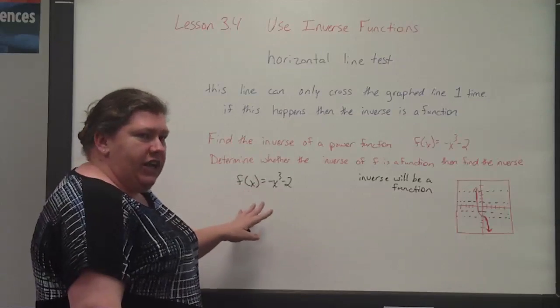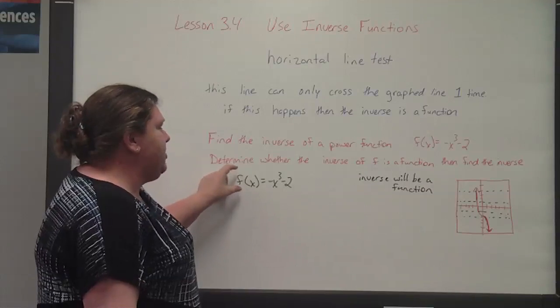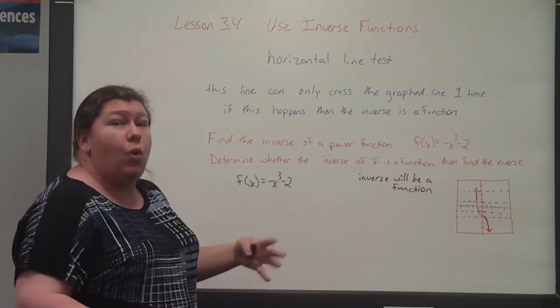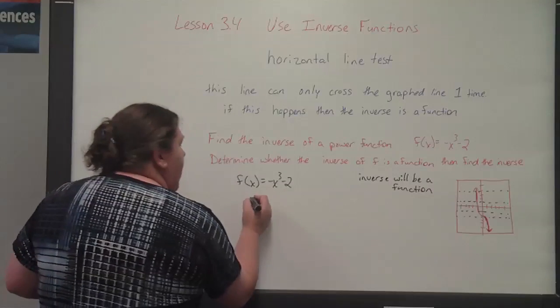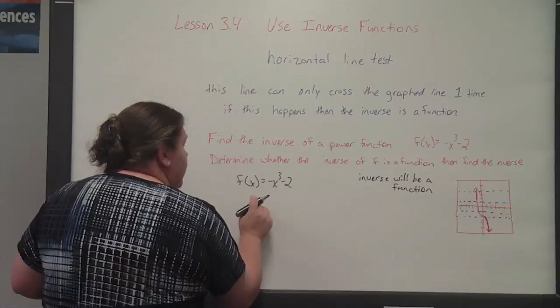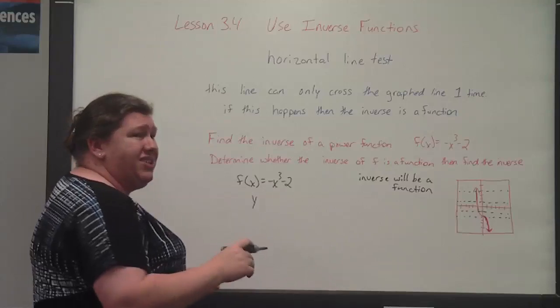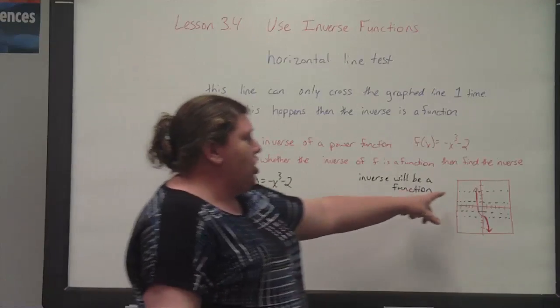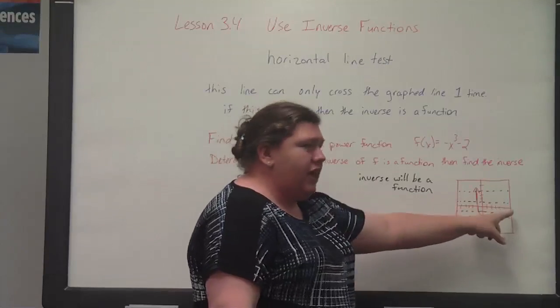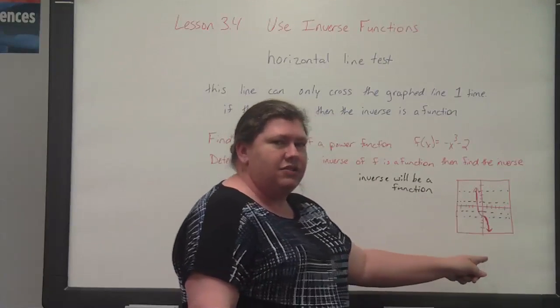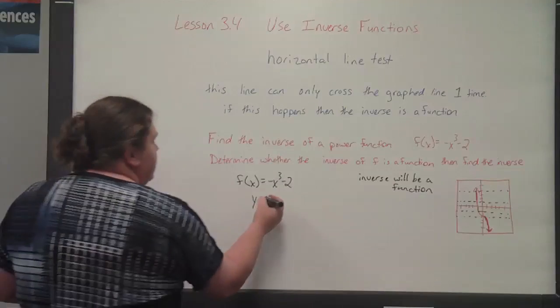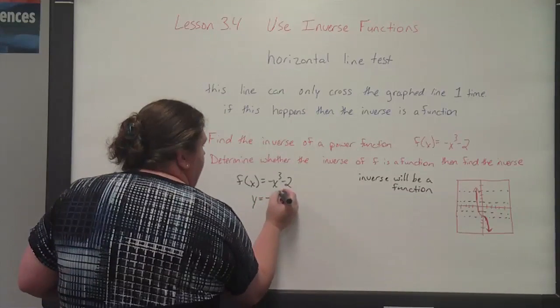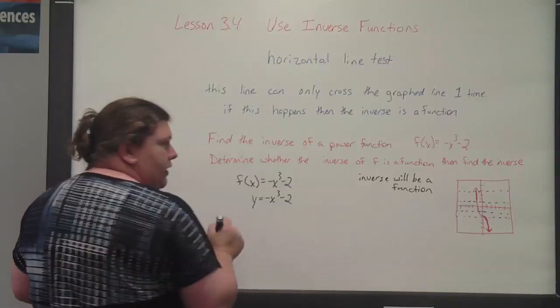When you're graphing it, you can go ahead and replace this function of x with y, because in your calculator, even if you're graphing using a table, you're going to have a y. Because when we look at our graphs, we have an x-axis and we have a y-axis. And so I can replace this by saying y equals a negative x cubed minus 2.